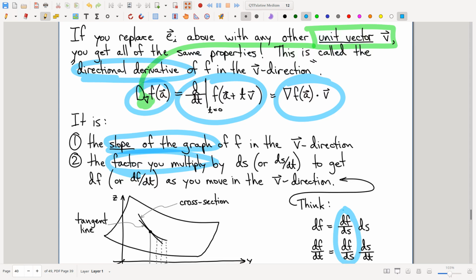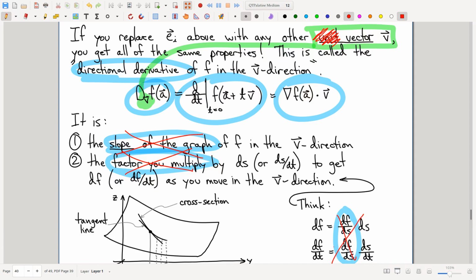Cool, directional derivatives. Now, when these other people come around and say they're going to remove the unit vector requirement, everything changes. Well, correction, some of this changes. When you remove that unit vector requirement, you no longer can interpret this thing as being the slope of a graph. It doesn't work out. It's no longer a multiplicative factor, and it is no longer df/ds.